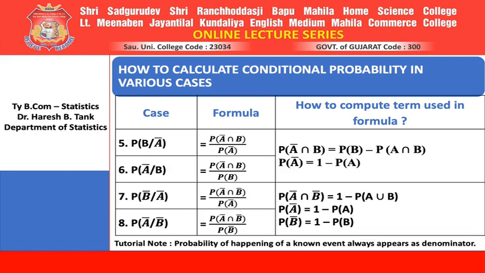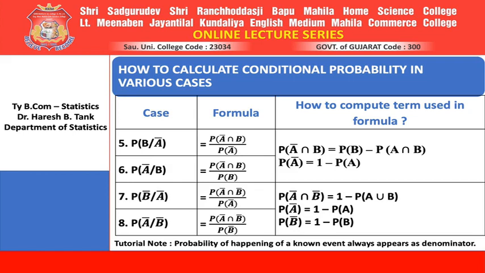Last two cases. Probability of B complement where A complement already occurred. Logically, probability of A complement intersection B complement divided by probability of A complement. Fine enough? Same is the case with probability of A complement where it is given that B complement occurred. So again the same logic is to be applied.